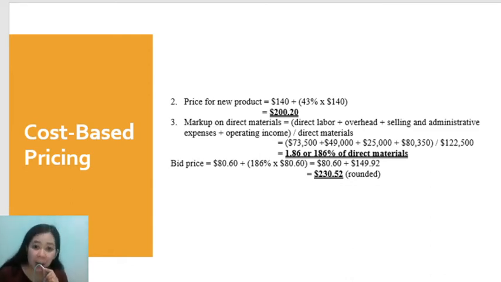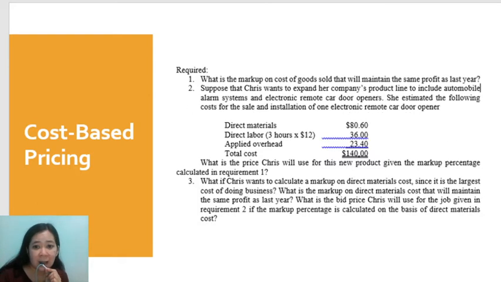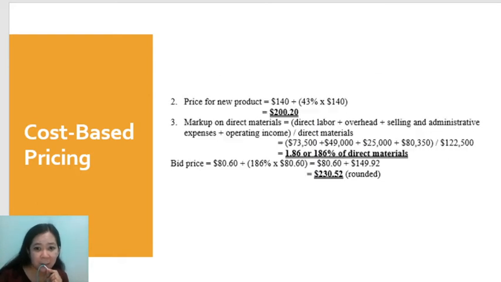So for the bid price, 80.60, plus our markup on direct materials.